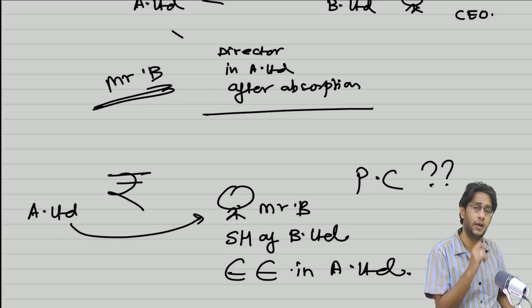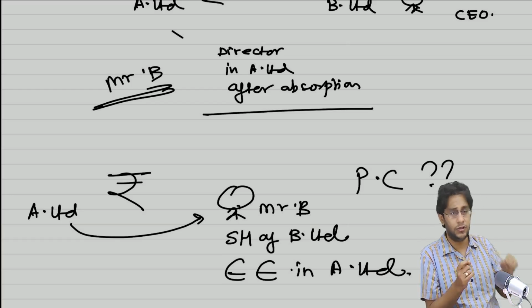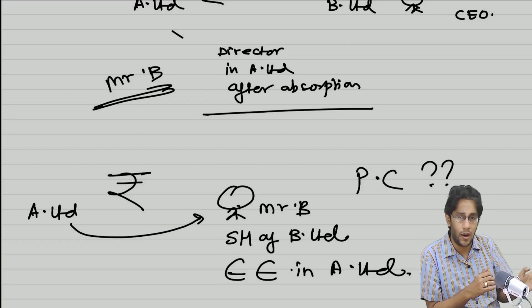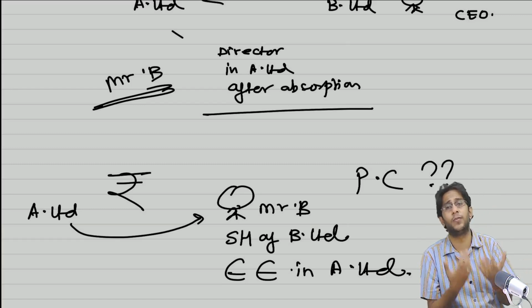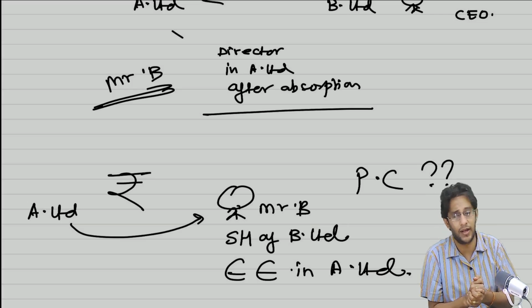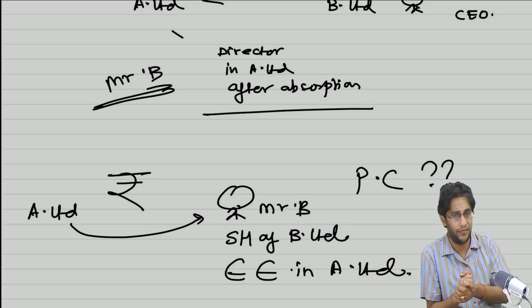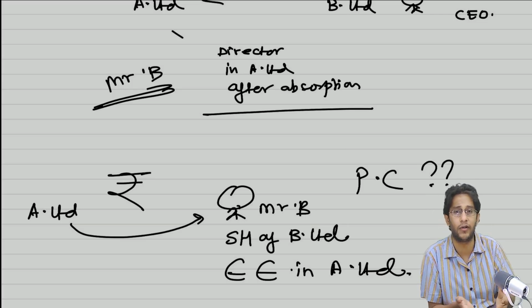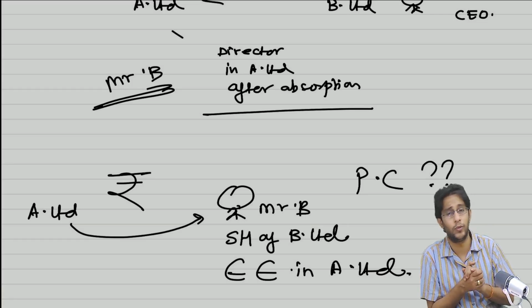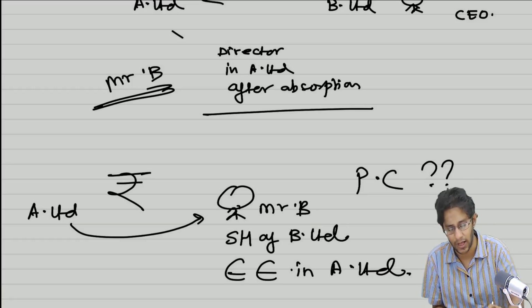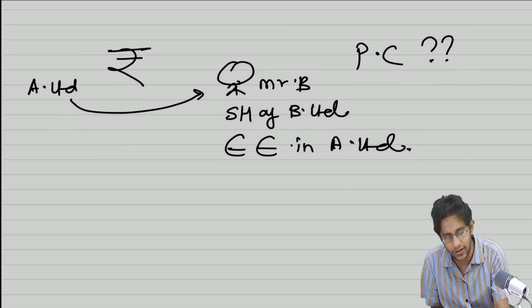But if you are offering some consideration to Mr. B just to continue in the employment of A Limited post the business combination event, in that case, that is an amount paid to an employee. It's covered by Ind AS 19 Employee Benefits, and this is definitely not part of your purchase consideration to be included for business combination activity. So whatever consideration you pay to him, go and see, are you paying that to him in the capacity of shareholder?